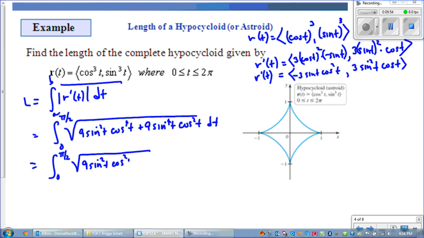We'll have a cosine squared t plus a sine squared t left, which we know is just 1. So now we have the integral from 0 to pi over 2 of just 3 sine t cosine t.